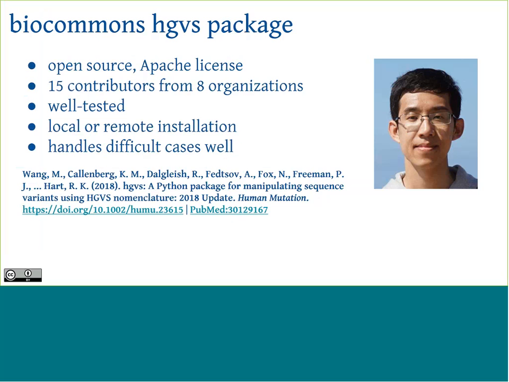So the package we provide is this HGVS package. It's completely open source. It's got a very liberal license. You can use it for anything you want, basically, including commercial tools if you want. It's got code from 15 contributors from 8 organizations. It's got a really extensive test suite.